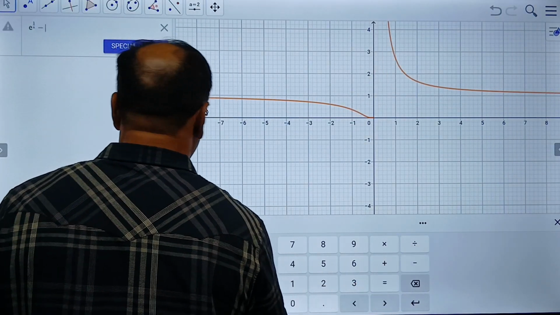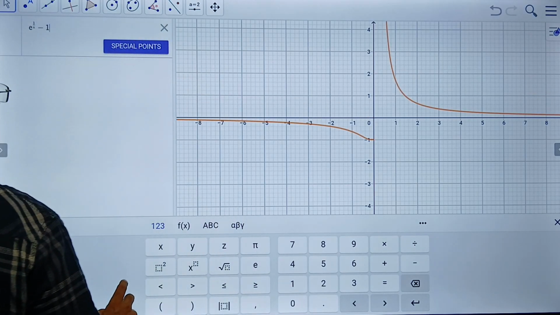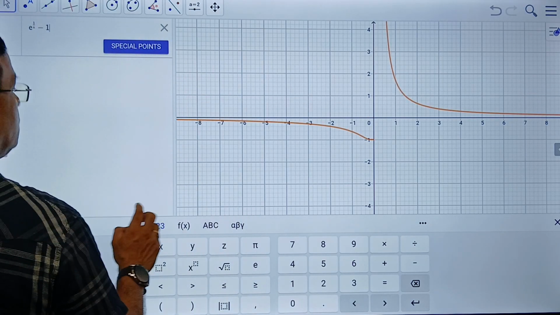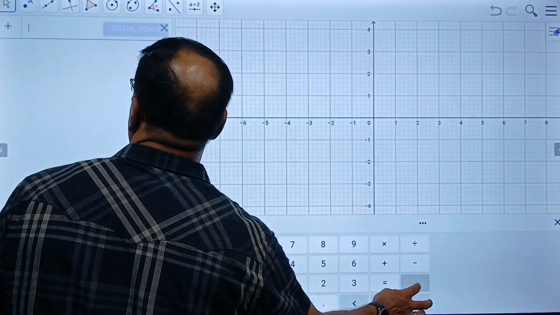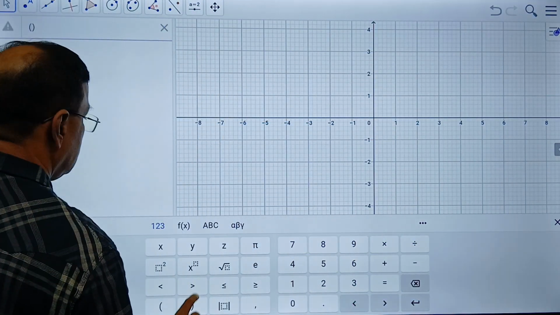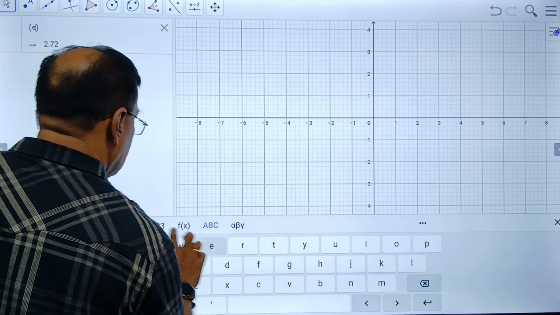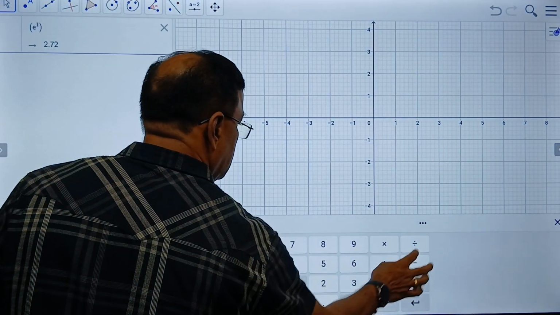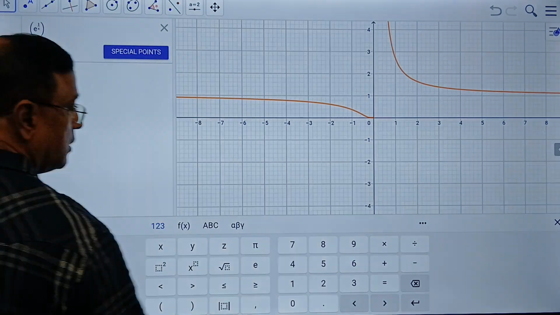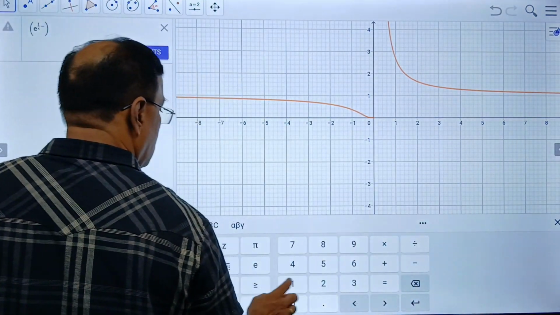I should have put this in bracket, I'm sorry, just 1 second. It's in bracket, e to the power of 1 divided by x minus 1.